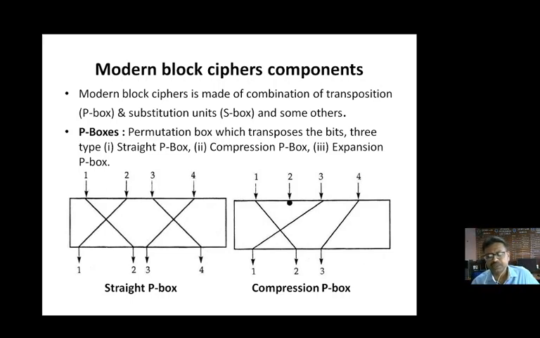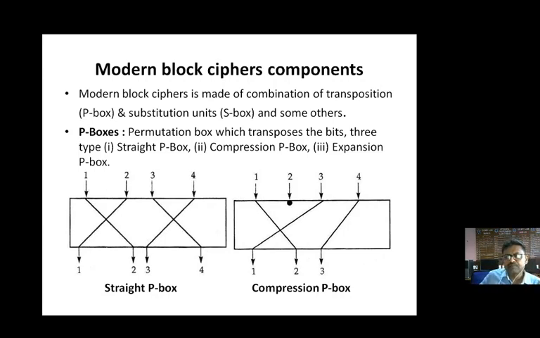The second one is the compression P-box. The property of the compression P-box is that the number of outputs is always less than the number of inputs. That is why it is called compression, meaning 4 bits as input, and as output you receive only 3 bits. So 4 bits are converted into 3 bits, or 4 bits are converted into 2 bits.